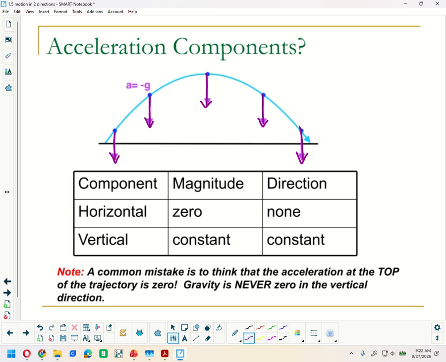Now, technically we say gravity is constant, but is gravity actually constant around the Earth? No. There are places in which gravity is different. There is a big low gravity point in the Indian Ocean, which is kind of neat to know about.